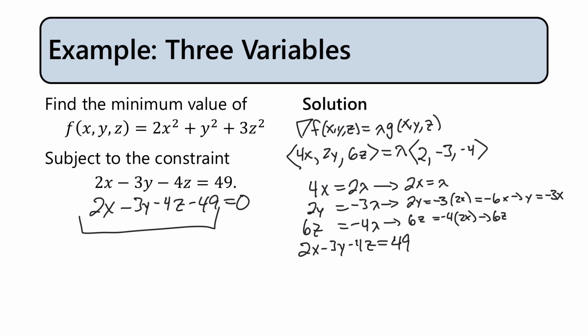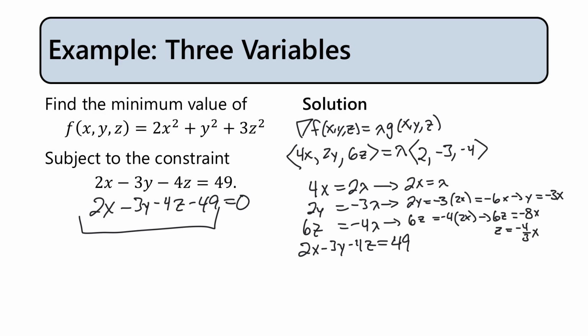So 6z is equal to -8x. So z is going to be, if we divide both sides by 6, that's negative, and then divide by 2, 4/3 x.